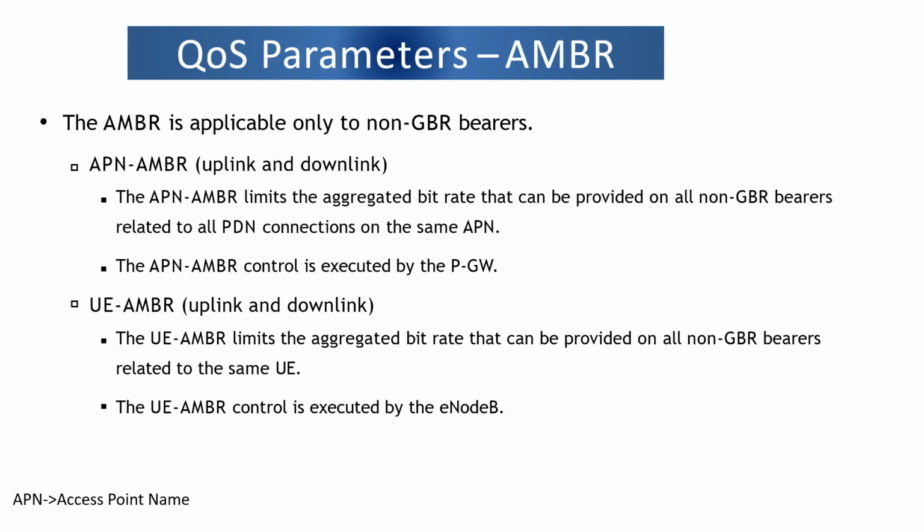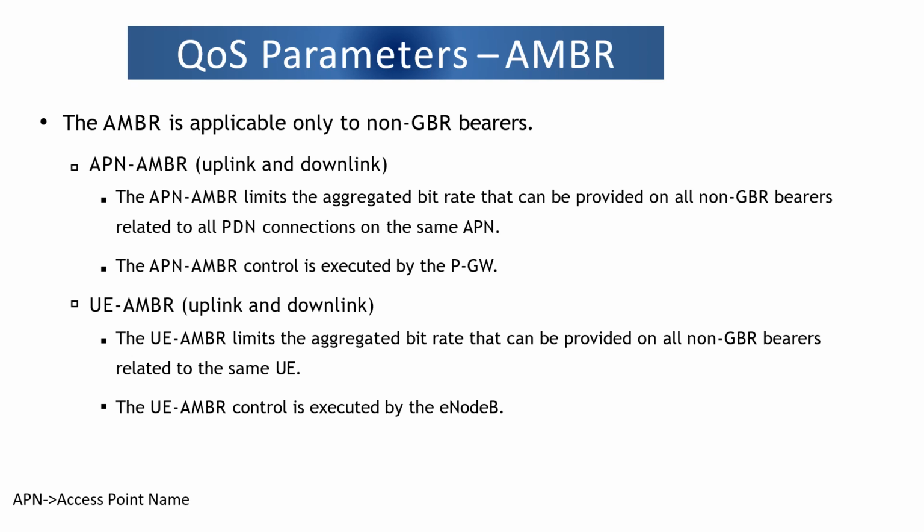The next QoS parameter is AMBR. AMBR means aggregated maximum bit rate, and it is applicable only to the non-GBR bearers. For all non-GBR bearers, there are two types of AMBR, that is the APN AMBR and UE AMBR, and they are further classified for uplink and downlink.